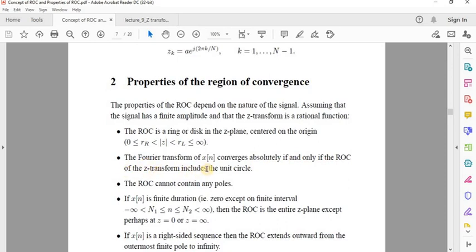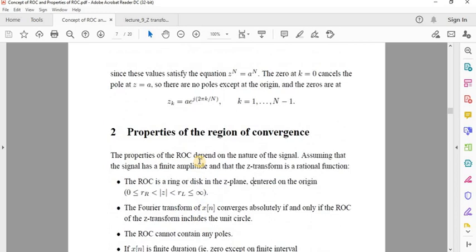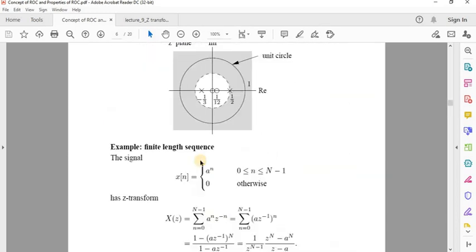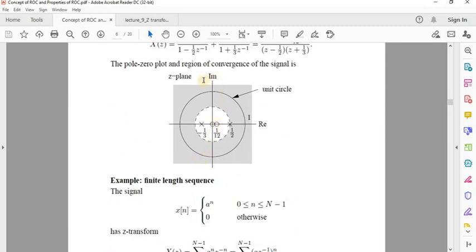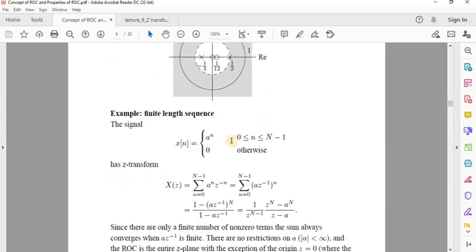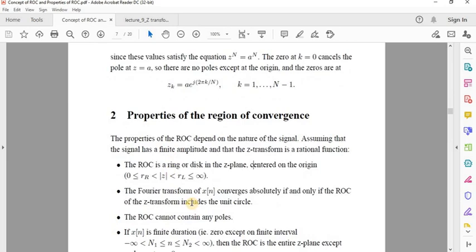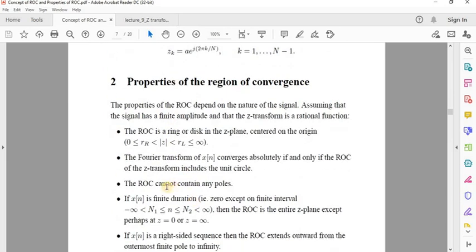So the Fourier transform converges only when the ROC of our z transform includes the unit circle. This is the ROC, and it is including the unit circle. If it is not including the unit circle, then the Fourier transform will be non-converging or diverging.